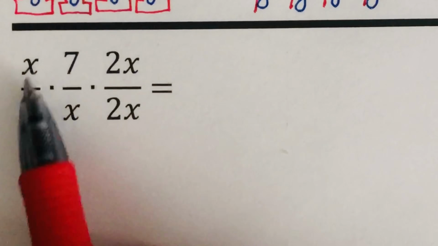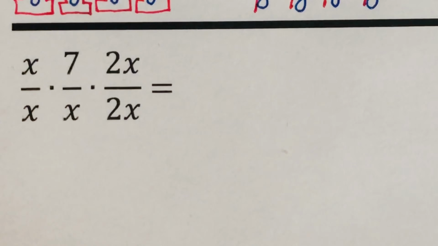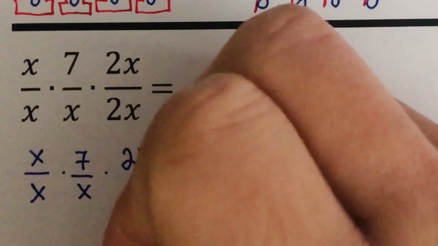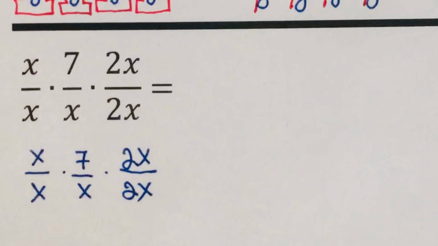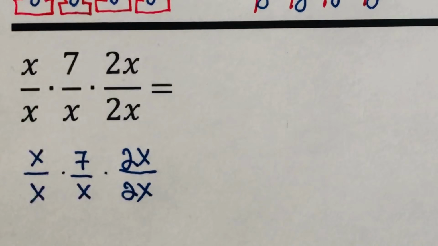So we have x over x times 7 over x and 2x over 2x. Just by looking at this, we can rewrite this down here. Okay, so we can see that the variable in the numerator and the variable in the denominator are the same. So that means it is equal to 1.